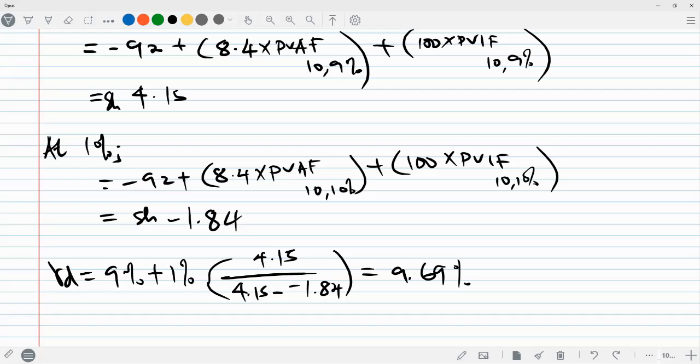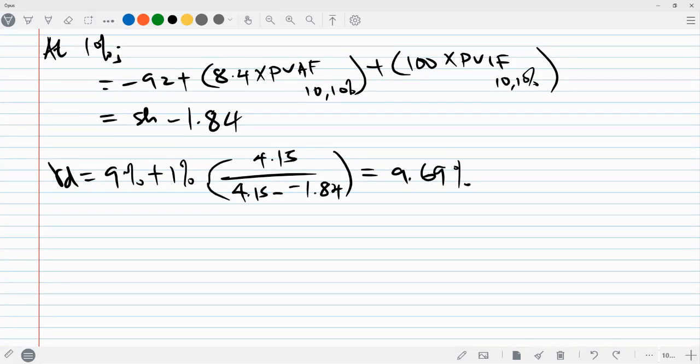This is our second step to determine the cost of capital from each capital source: equity, preference shares, as well as debt. Having done that, next is to get the market weights, the market values.